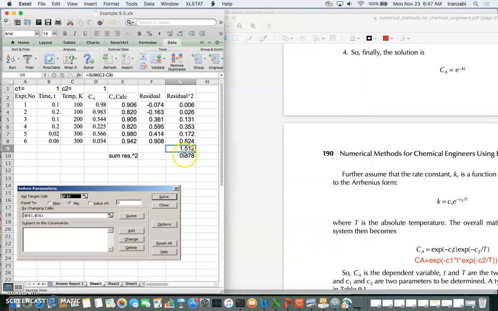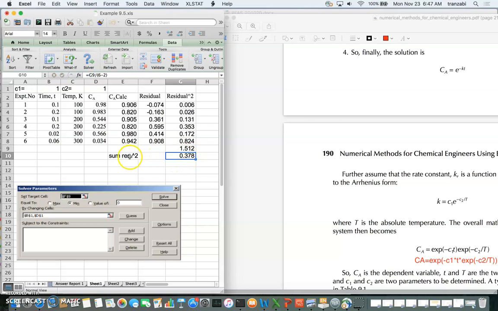So this is the sum of the residual squared, and this is, well, okay, this is like the average. It doesn't really matter if you're minimizing this or this. This is nothing but the total residual divided by maybe 6 or 6 minus 2. Doesn't really matter.